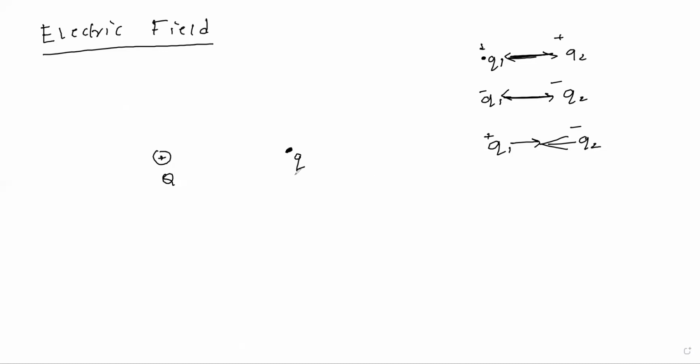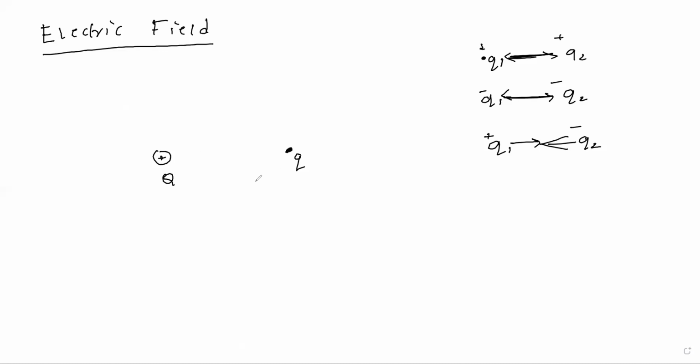That means there is something around them, and this something is nothing but the electric field. Understood? The force acting between two charges at a certain distance is due to the presence of the electric field.